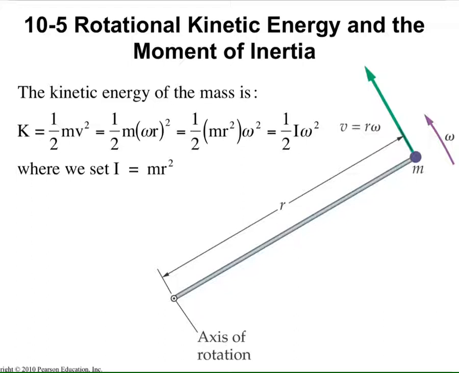It's only rotating. So we know that because of the rotation, it has angular velocity, because at certain time intervals, it rotates an angle. That's because it has an angular velocity. We may express its kinetic energy, because of the motion, in terms of its angular velocity. And we can start with the usual definition of kinetic energy, 1/2 mv squared.